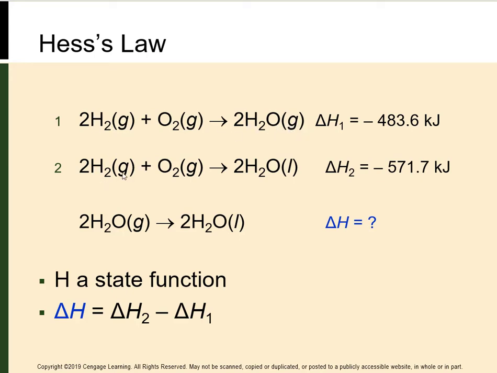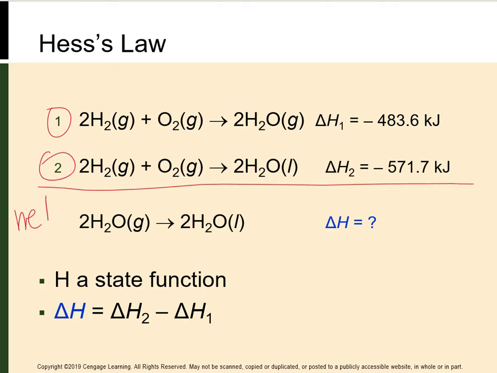We know the enthalpy change for hydrogen plus oxygen to give us liquid water. So to look at going from gaseous water to liquid water, right, condensation, here's my elementary reaction number 1, elementary reaction number 2. This is my net equation.